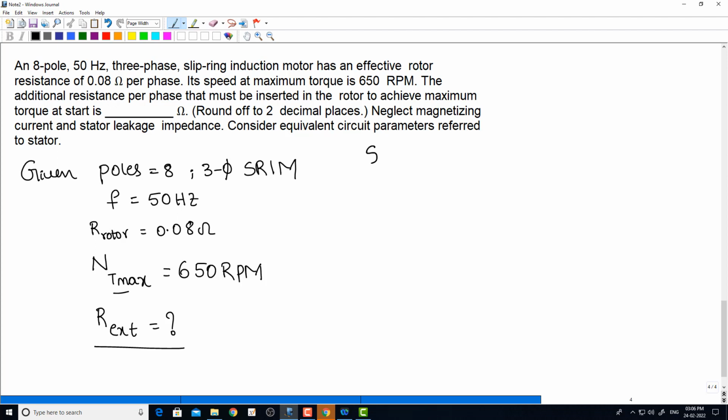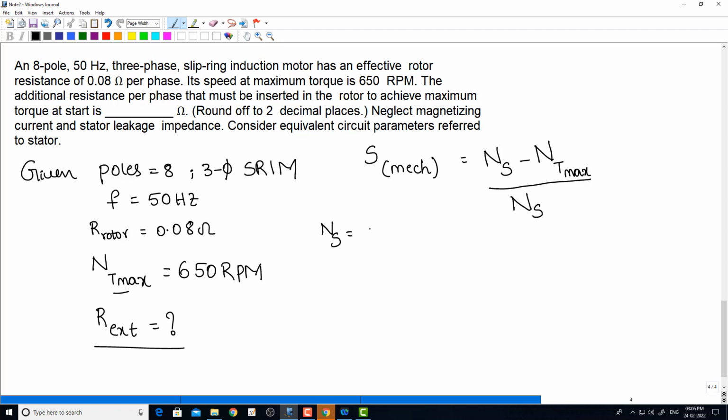Slip mechanically we can find as Ns, the synchronous speed of the stator, minus the speed of the rotor at maximum torque, divided by the synchronous speed. We need to find the synchronous speed first.